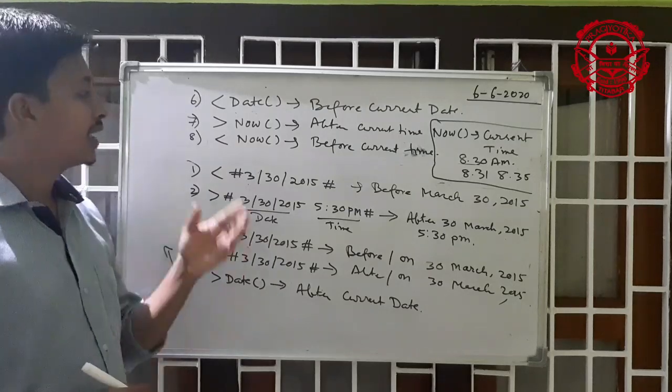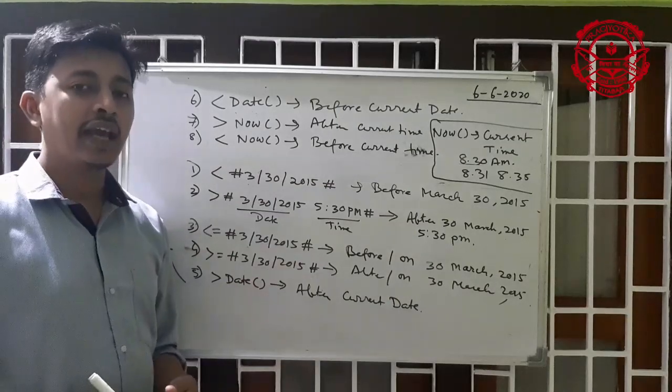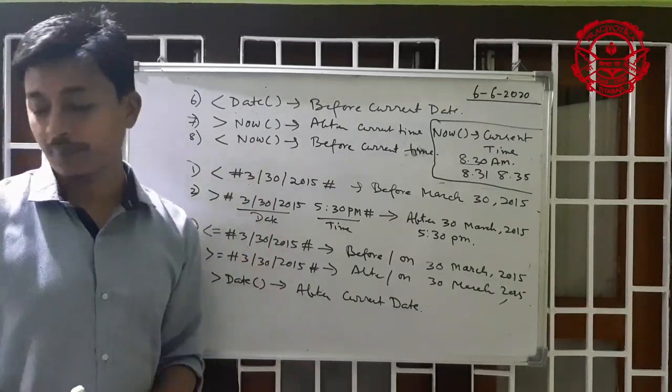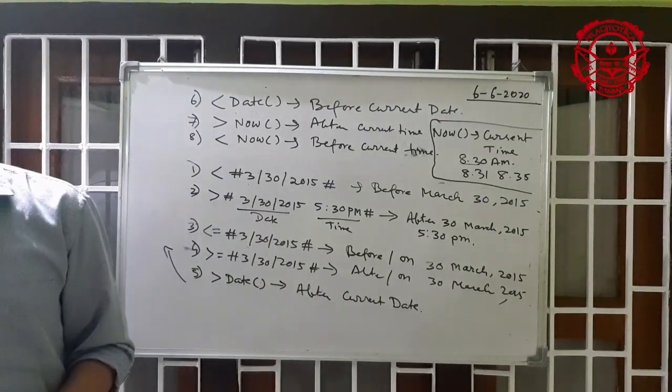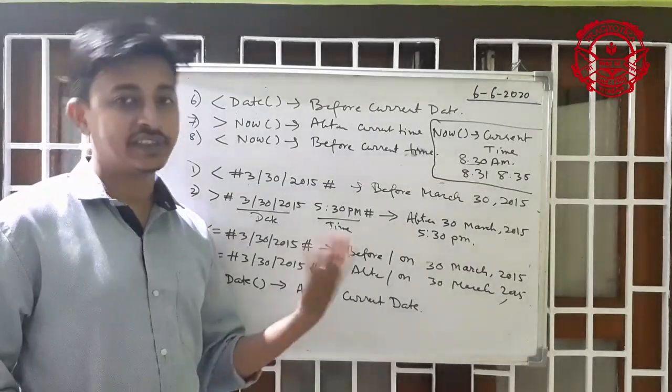So remember, the Date function is used to give the current date and the Now function is used to give the current time. So this is called the validation of date.